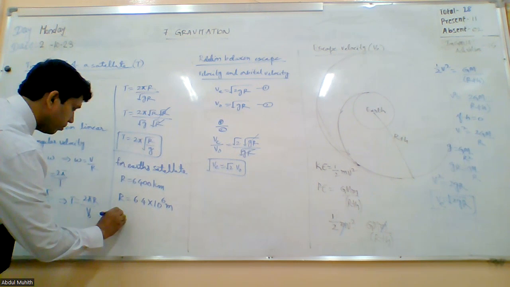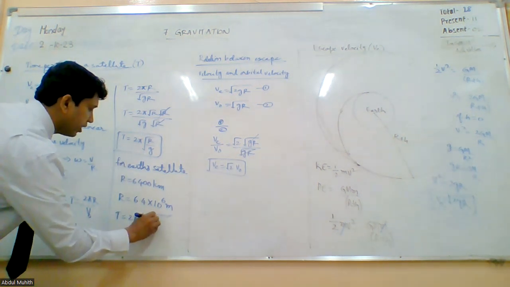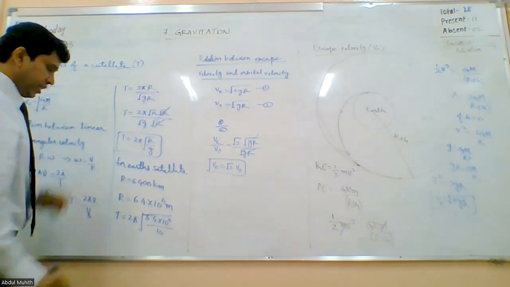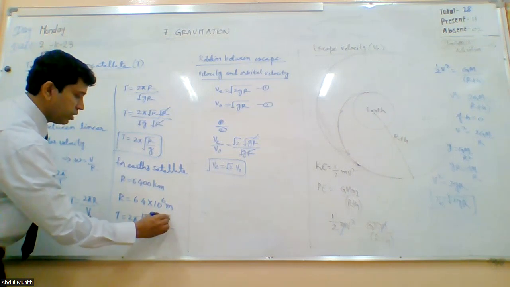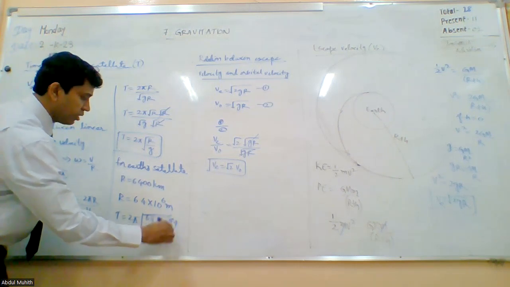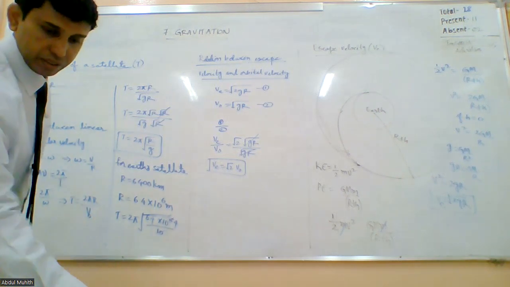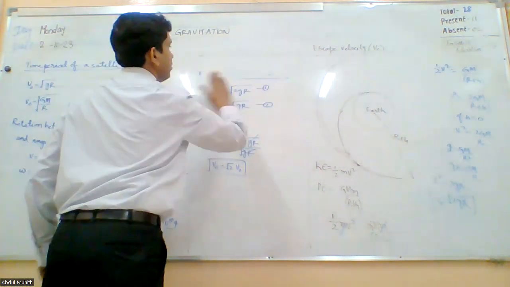So T is equal to how much? T is equal to 2 pi under root of 6.4 into 10 to the power of 6 divided by 10. Then we make it 64 into 10 to the power of 5. So this one will cut away, and this will become 4.